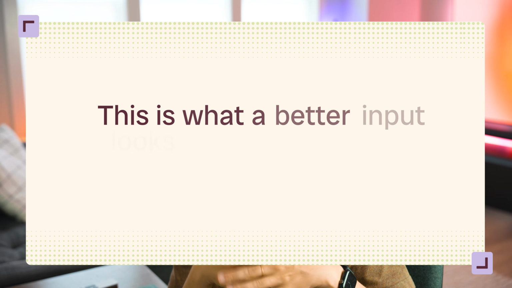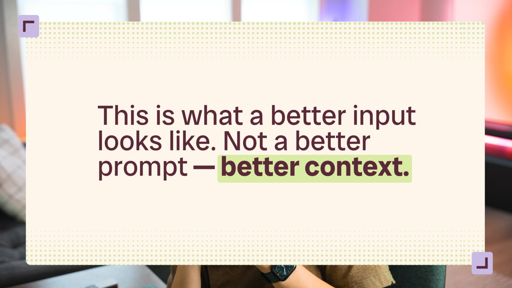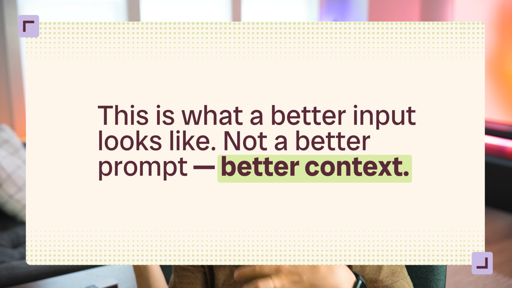I want to inspect the references myself and really understand what products are actually doing, the decisions that they're making, and then how Claude is taking that and applying that to the designs. But then ultimately, I want to be able to make my own call about what it applies and how that has been applied to my app. So ultimately, this is what better input looks like. Not necessarily a better prompt, but better and more thoughtful context and referencing.